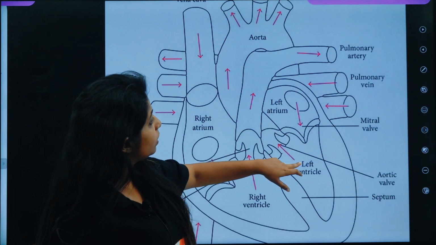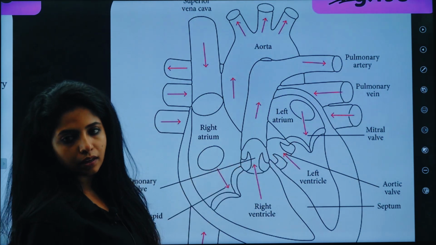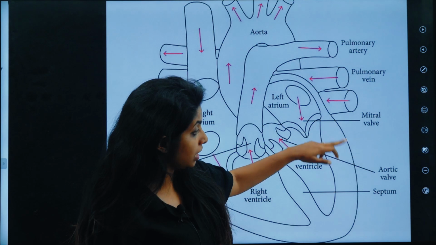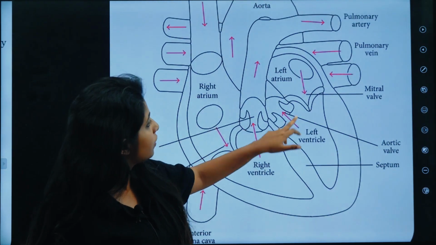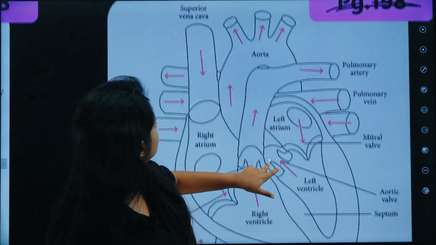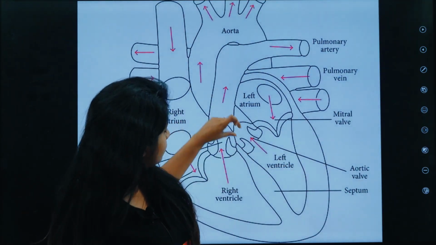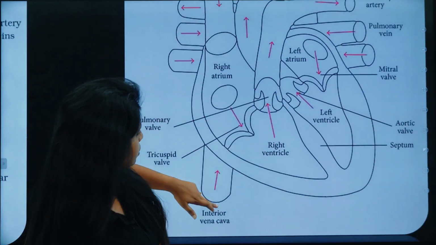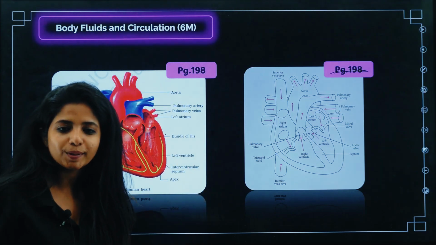Again you have a valve between the ventricle and the aorta, which is this. And this is the pulmonary vein bringing blood up. The names of the valves: tricuspid valve, mitral valve, pulmonary valve and aortic valve. Where is the aortic valve? Yes, the aortic valve. The septum in between, the superior vena cava, and the inferior vena cava. All these labelings are really important. Make sure you are drawing it properly.